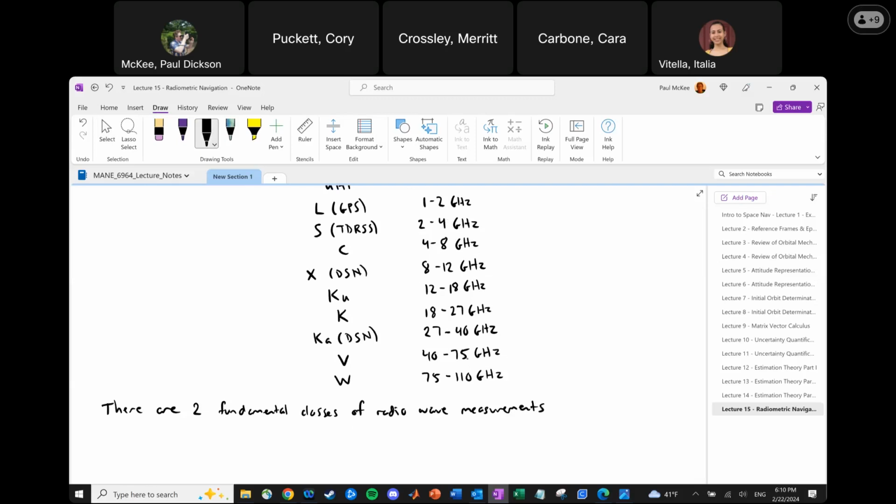And these are time-based, which uses signal time of flight to estimate range.